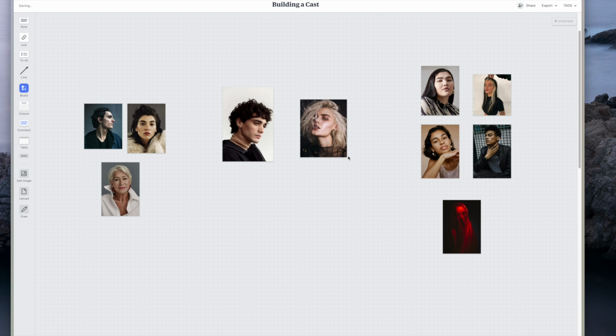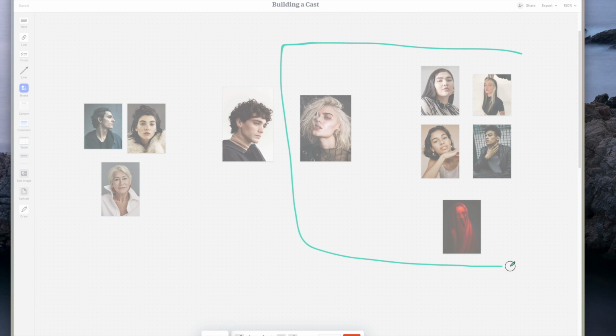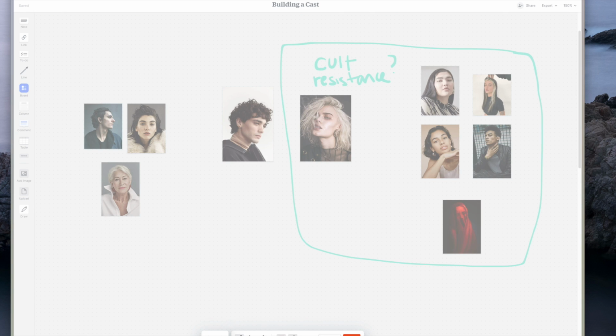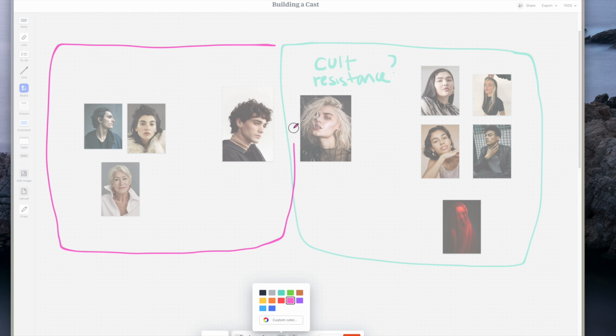So I have kind of two groups of characters in this book. One group is who I'm calling House of Stone, which is like my cult resistance group. Which is pretty much what they are. They're like a cult or a resistance group, depending on who you talk to. And then I have my Novak family, which is the powerful and maybe evil family that this group is trying to take down.